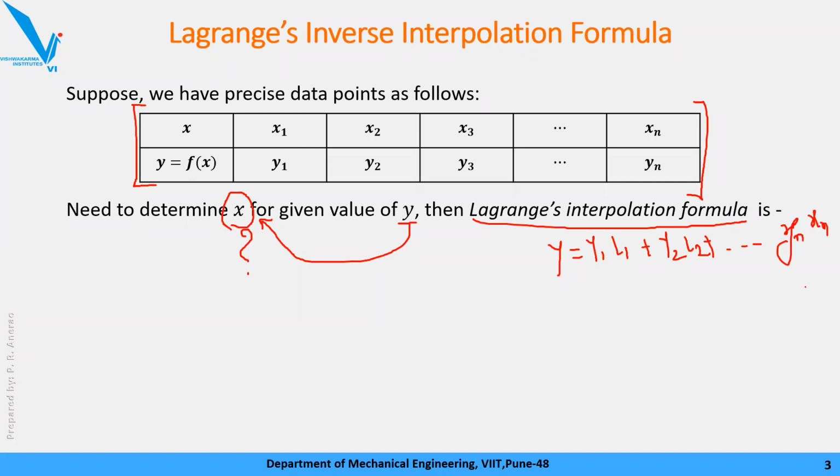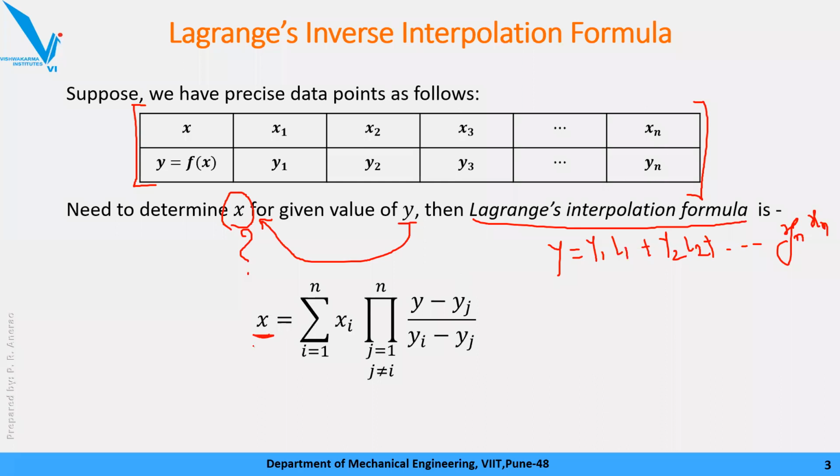So this was your formula for Lagrange's interpolation. ठीक है, और ये derive किया था हमने based on this equation. But as we are dealing with inverse interpolation, what we can do is just change the output y by x. So instead of y, use x, and whenever you have x, change it to y. That's it, and you follow the same methodology.